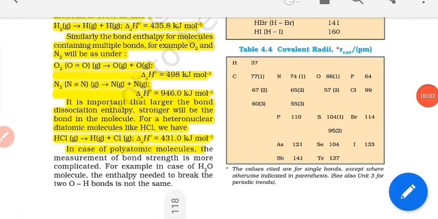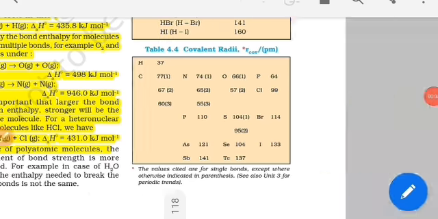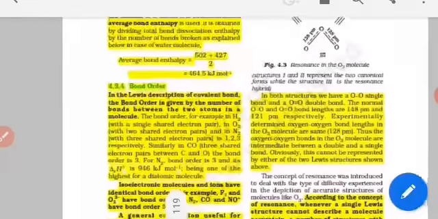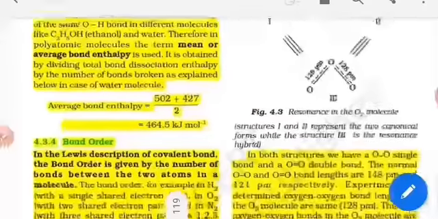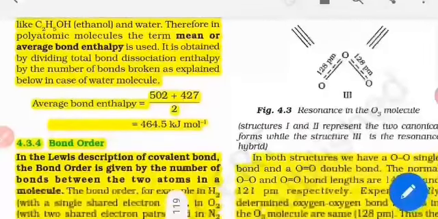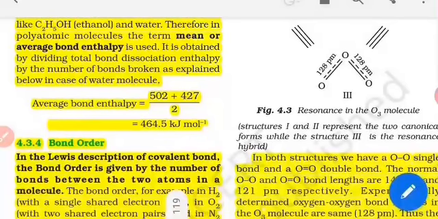In case of polyatomic molecules, the bond strength is measured in terms of average bond enthalpy. It is the average of bond enthalpy of each bond present in the molecule. As each bond enthalpy is different from the other one, average bond enthalpy is taken for polyatomic molecules.